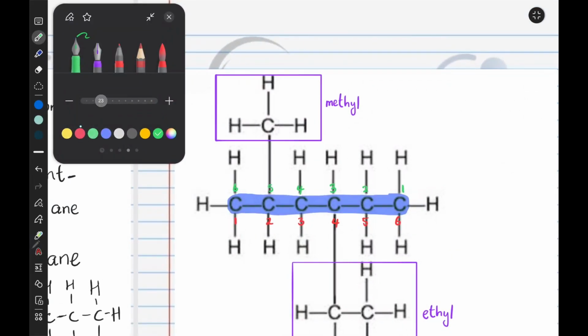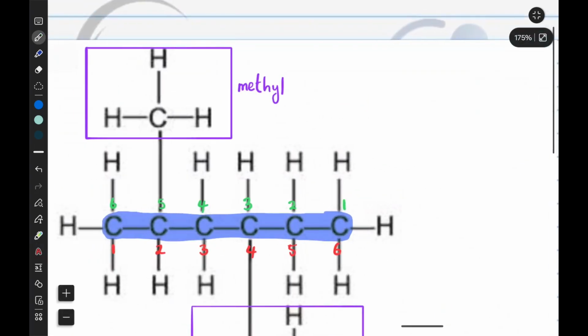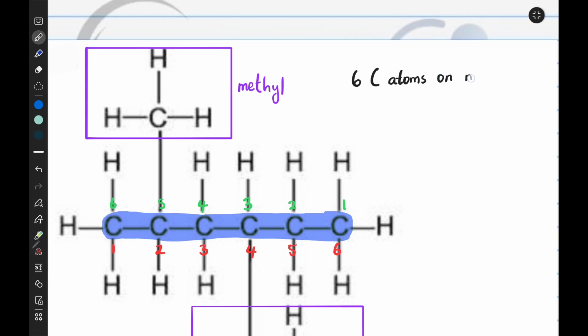We see that we have six carbon atoms on the parent chain.